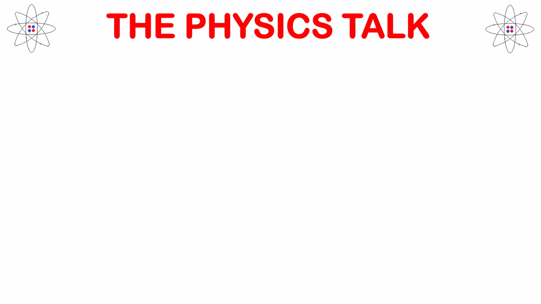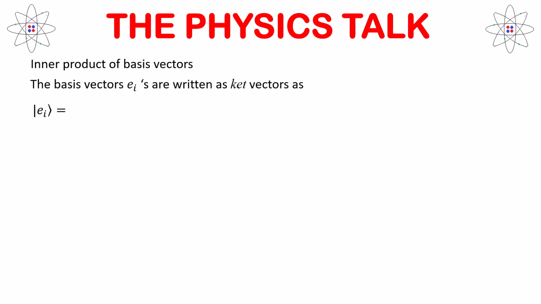After establishing this fact, let us now investigate the product between two basis vectors. As I said earlier, basis vectors are written as ket vectors like this. And a basis bra vector can be obtained from a basis ket vector by performing the dagger operation.